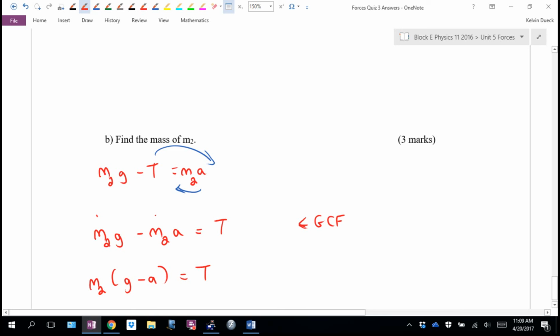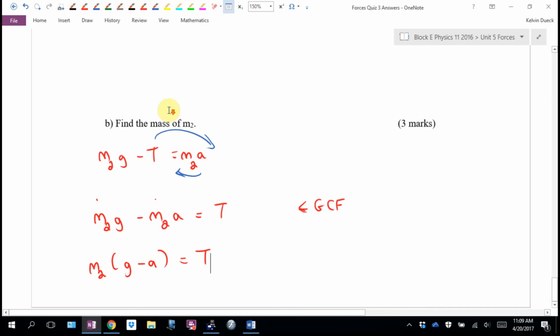Bring it home, Mobeen. How would I get the M2 by itself? What will I do with that bracket? Oh, so you're telling me M2 is going to be tension divided by G minus A. What was tension? 13.44 divided by 9.8 minus, was acceleration 3.2?